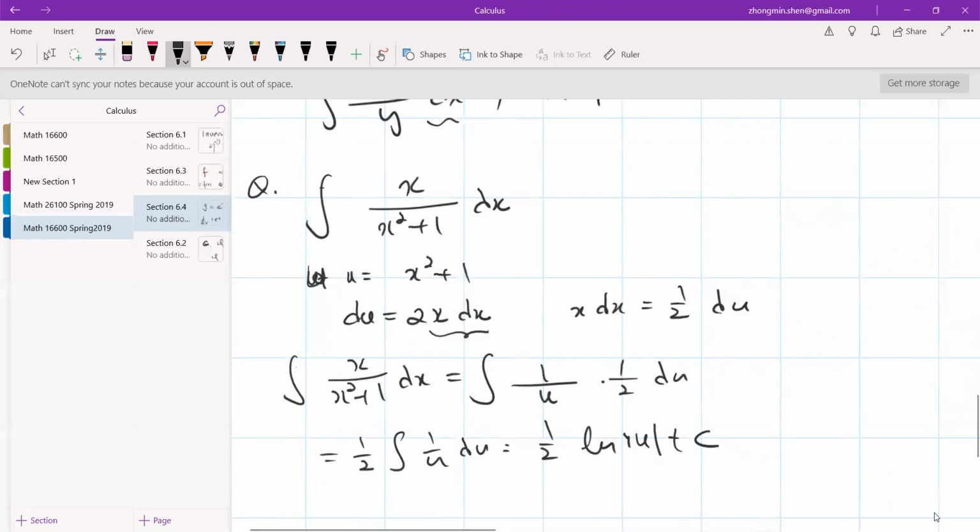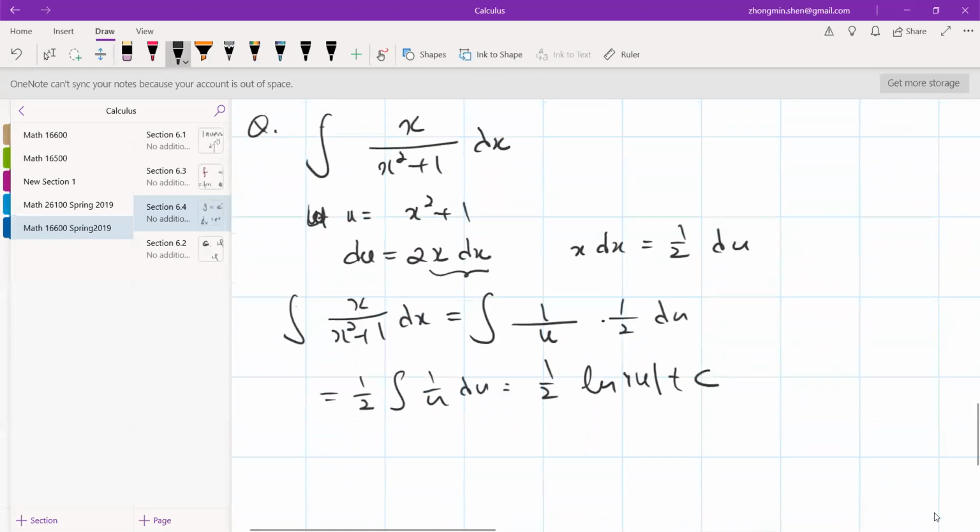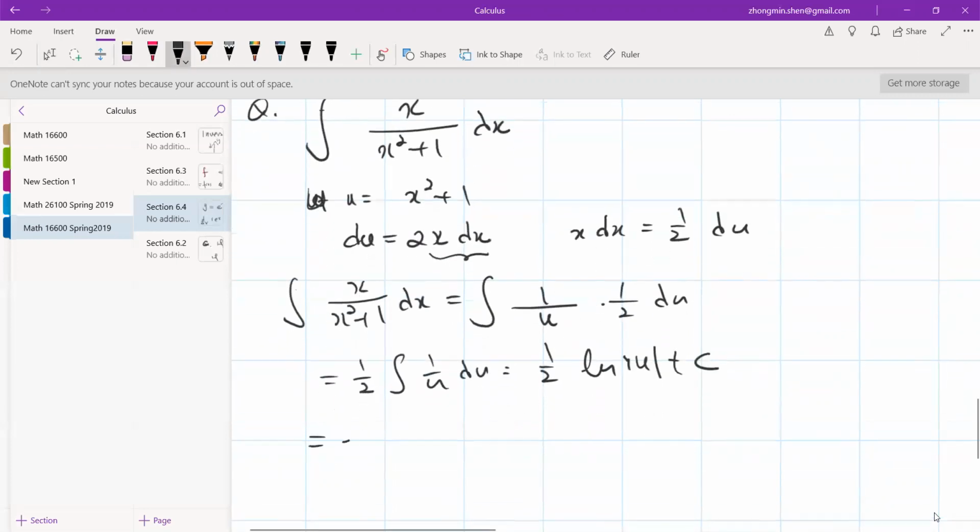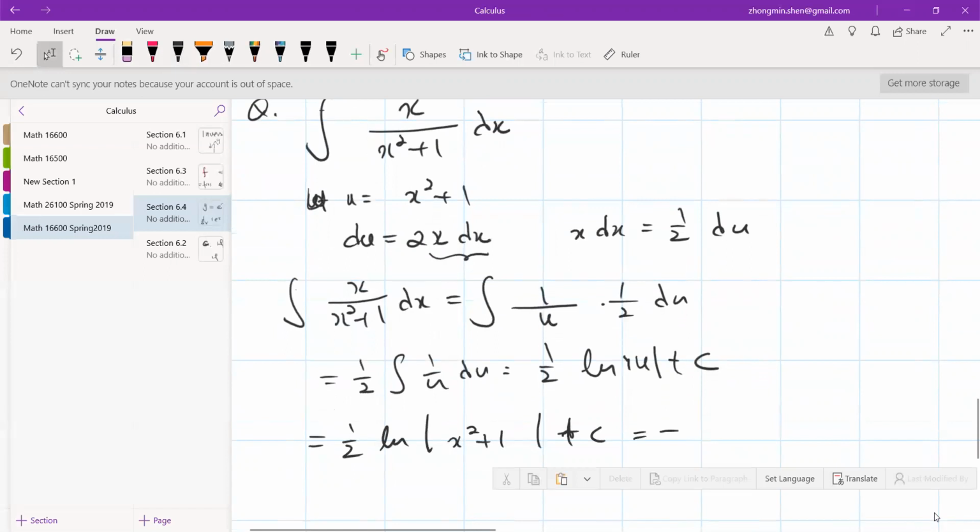Then you can apply the above formula. So that will be natural log of the absolute value of x squared plus 1. But you know that x squared plus 1 is never negative, so it's not necessary to put the absolute value there. Okay, so that's enough.